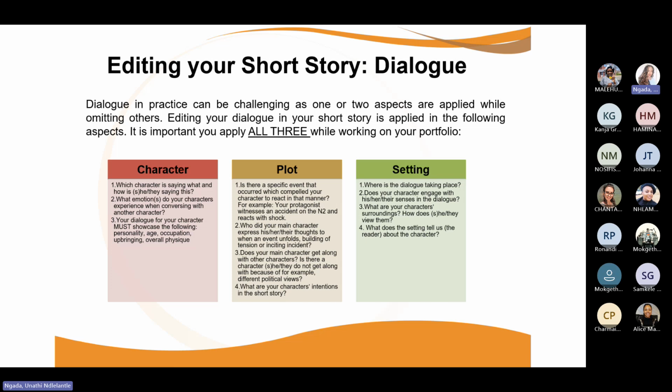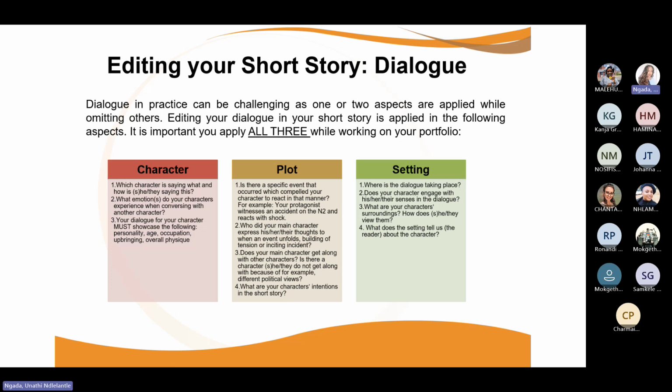What are the emotions that this character is experiencing, and when is the character either doing something or saying something to another character? Your dialogue has to showcase the character's personality, occupation, sense of upbringing, and also overall appearance.